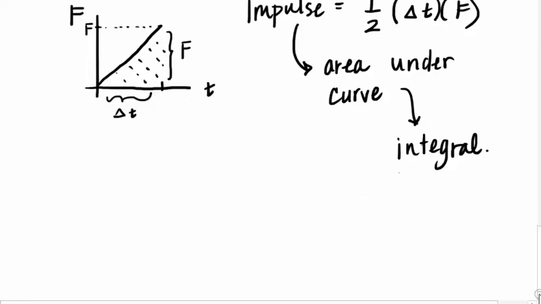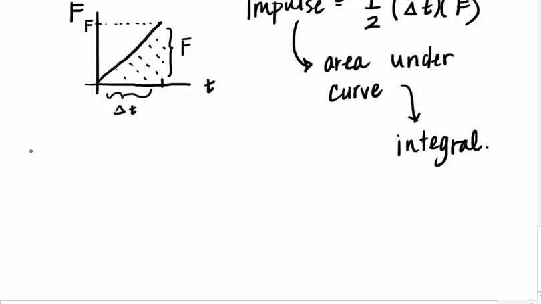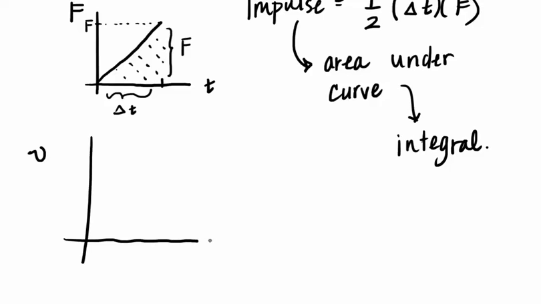So what would the velocity time graph of this guy look like? Is the force always positive? Is the force always constant? So the acceleration, if F is equal to ma, so force is proportional to acceleration. If the force is positive, the acceleration is positive.